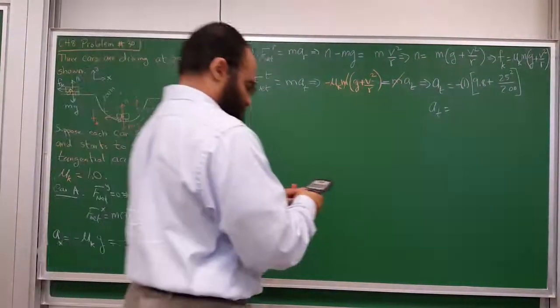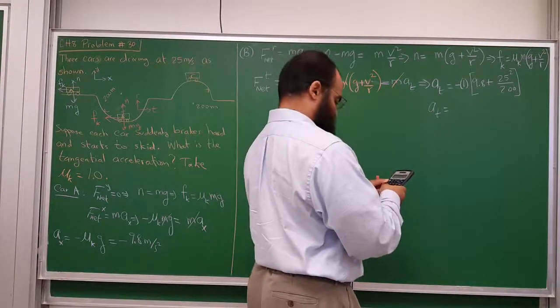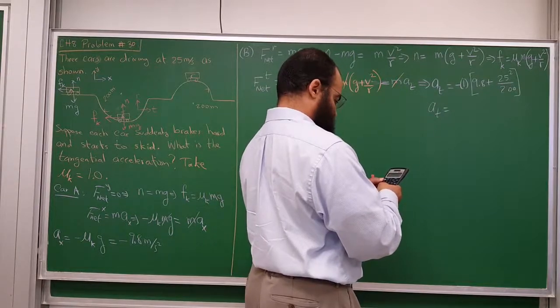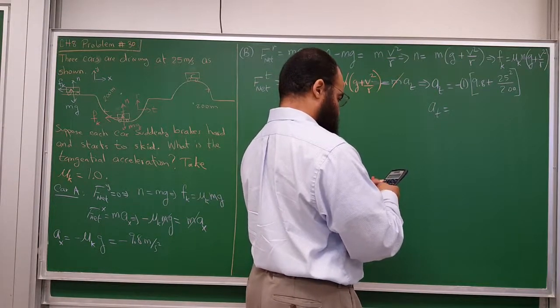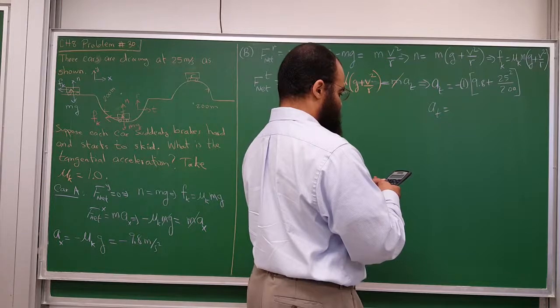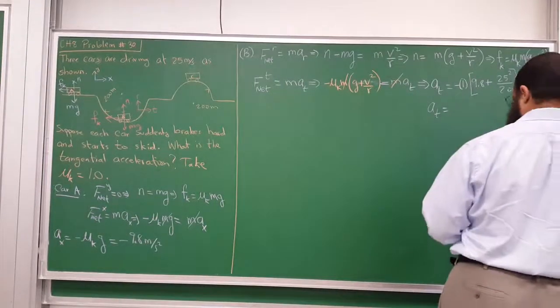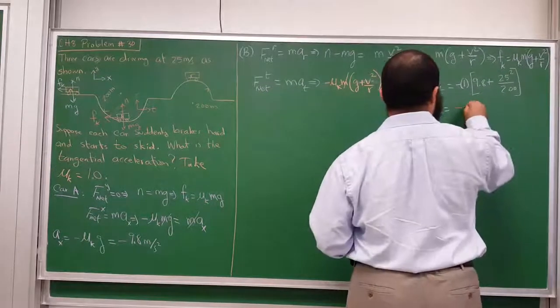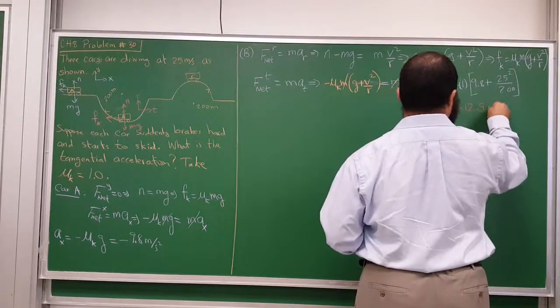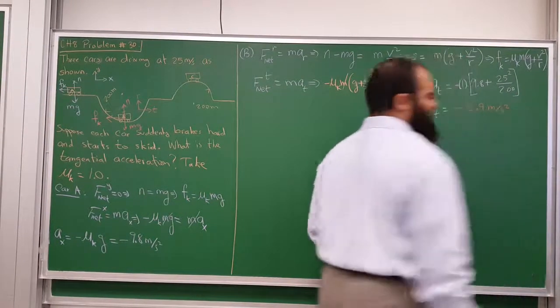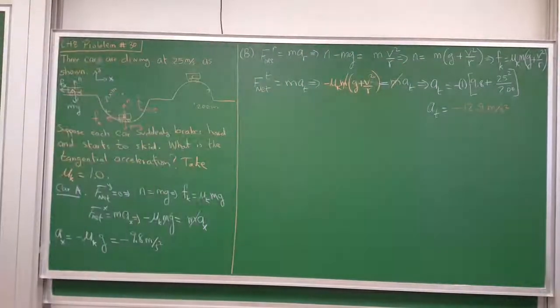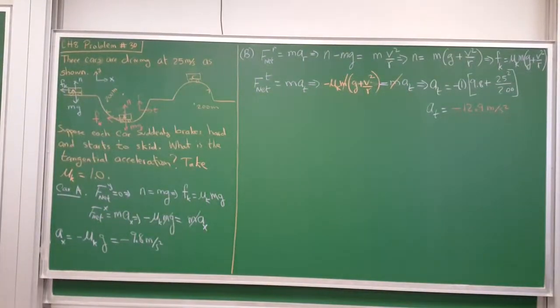So I have 9.8 plus 25 to the power 2 divided by 200. That's 12.925, so 12.9 with a minus sign. So negative 12.9 meters per second squared. Let me make sure I have the right answer. I don't want to make a mistake. And that looks correct. Okay, good.